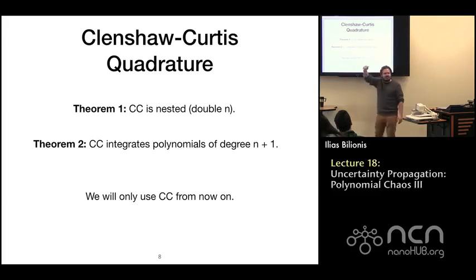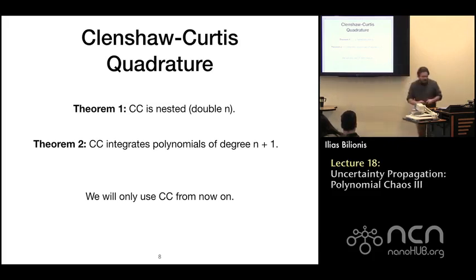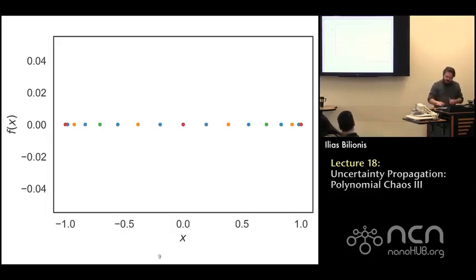First, it is nested. If you go from n nodes to 2n nodes, you are actually reusing your first n nodes. Okay, you just add n more. And it integrates exactly polynomials up to degree n plus 1. Alright, and this is what you should be using. And this is how it looks like.